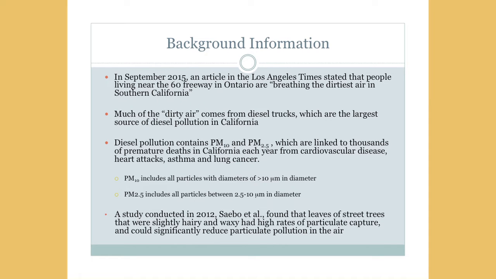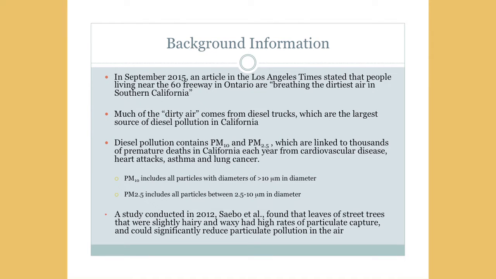I looked into it more, and diesel trucks produce PM 2.5 and PM 10, which are the cause of a lot of premature deaths, especially in Southern California, which are linked to cardiovascular disease, asthma, lung cancer, all those great things. So I wanted to look at how trees can help filter all these particulates out of our air.